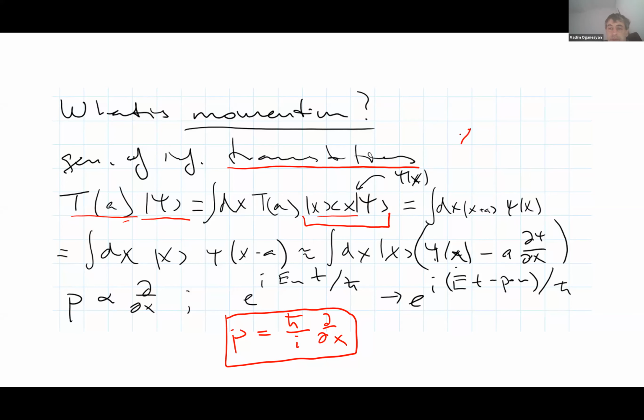Remember that we've talked about how the operator x can be thought of as a superposition of all projectors on position x with the weight x.